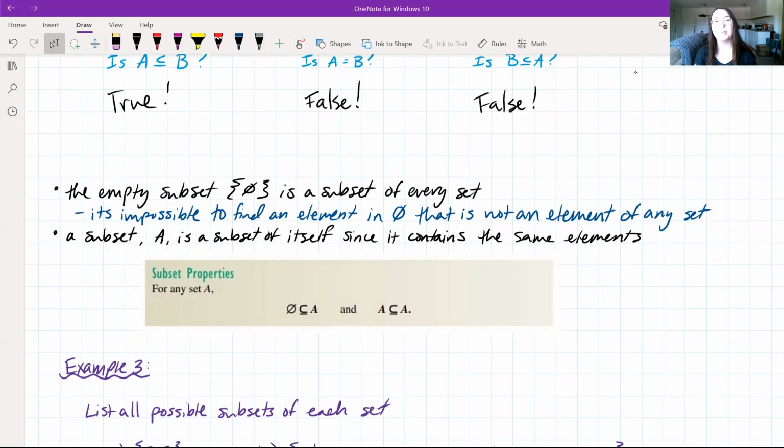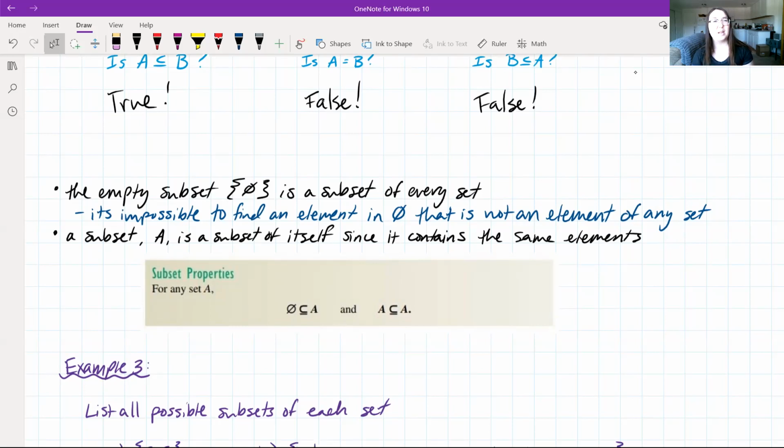So these are just a few subset properties. For any set A, the empty set is a subset of A, and A is also a subset of A. The fact that an empty set can be a subset of any other set is more so that we just can't prove that it's not a subset of A. Since A contains a myriad of elements, if you took out all those elements, then it would be the empty set.